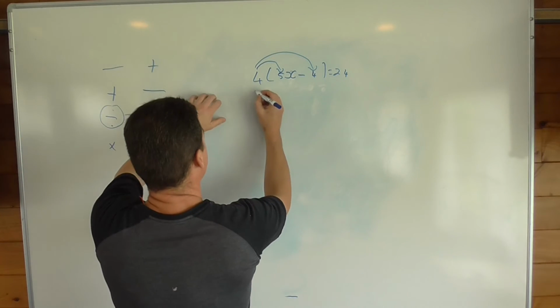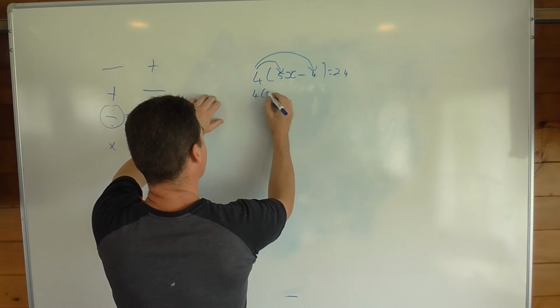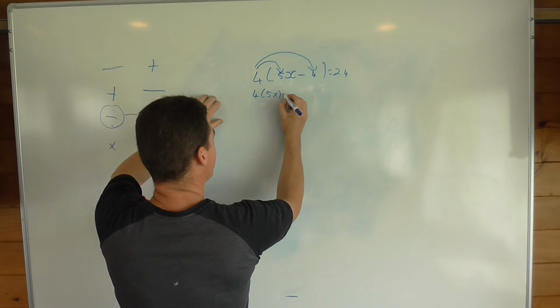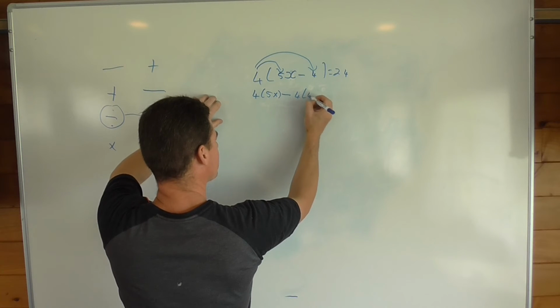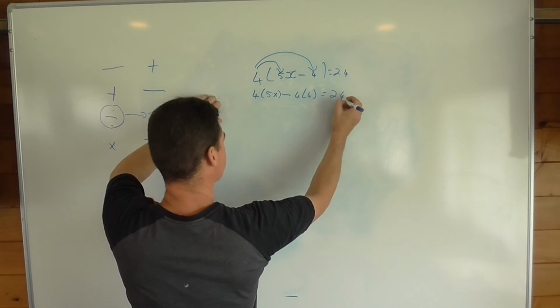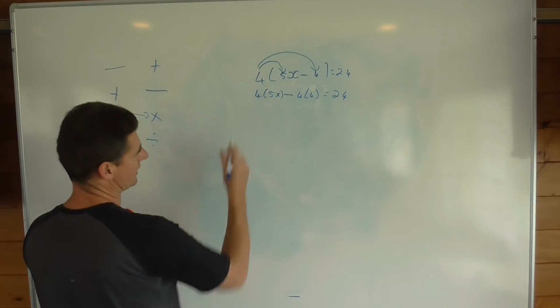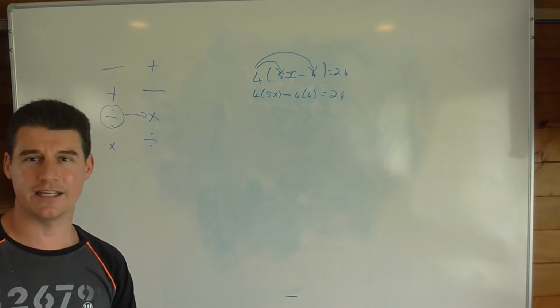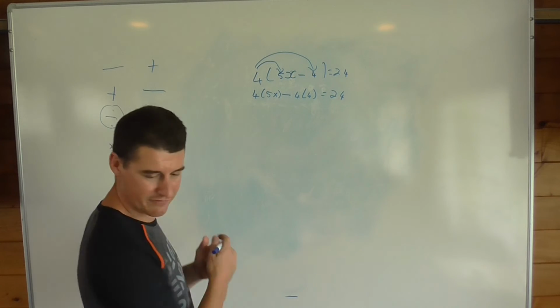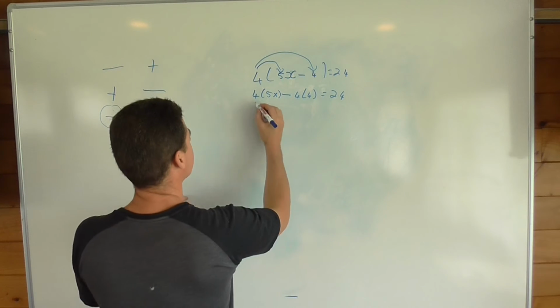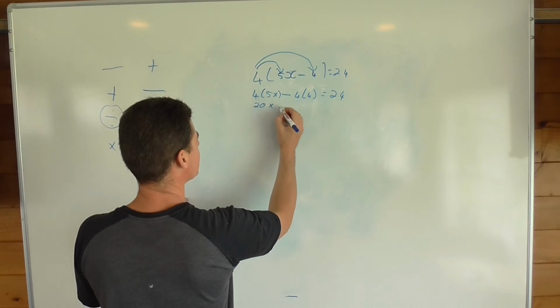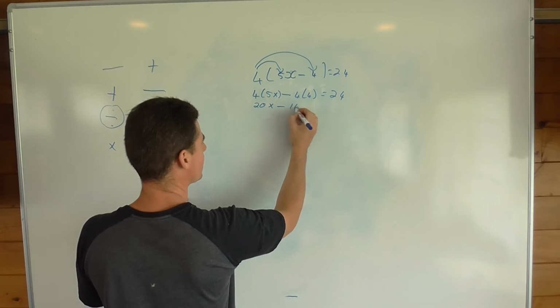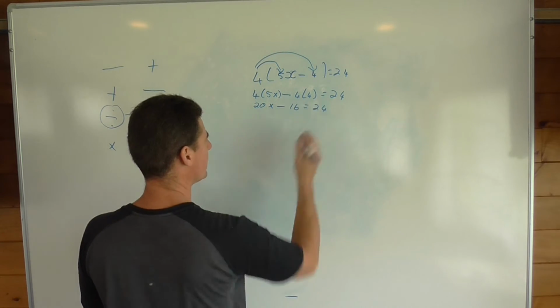Okay, so 4 times 5x minus 4 times 4 equals 24. Okay, so you just multiply the two numbers with each other. All right, so 4 times 5 is 20. So 20x minus 4 times 4 is 16 equals 24.